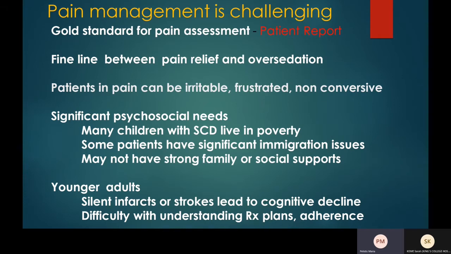Many of these patients may come from single parent families, have lots of other children at home that need to be managed, and this can make it quite difficult and challenging to manage the patients. And if we can help support the patients through these issues, it might make the pain much more manageable. In addition, younger adults, if they've had silent infarcts or strokes, they may have some cognitive decline, making it difficult for them to understand their treatment plans and to adhere to the treatment plans.